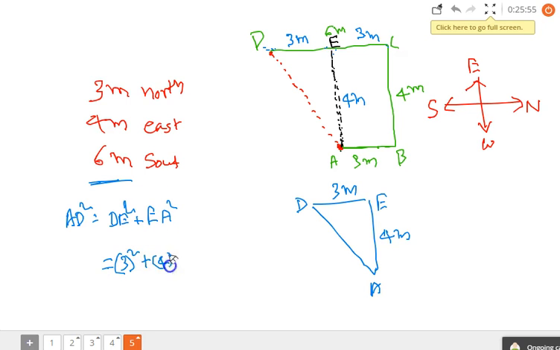DE square is 3 meters squared, plus EA square is 4 meters squared. 9 plus 16 is 25. So AD square is equal to 25. AD is equal to square root of 25, which means 5 meters. So finally the displacement is 5 meters. Got the point?